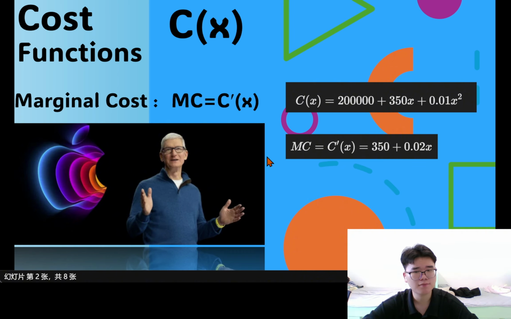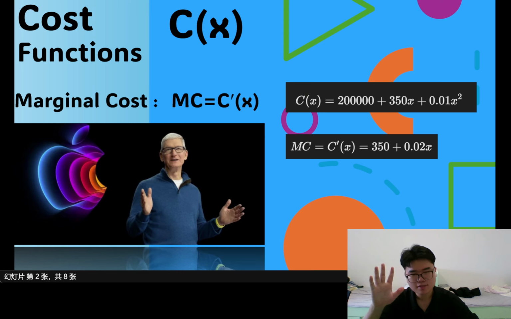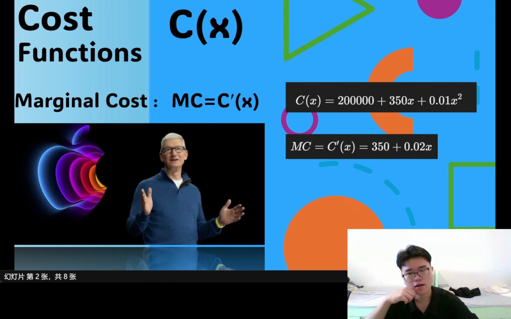So what's the meaning of the marginal cost function? It means the cost required to produce each additional iPad. If 5,000 units have been produced now, the cost of producing another one is 415.